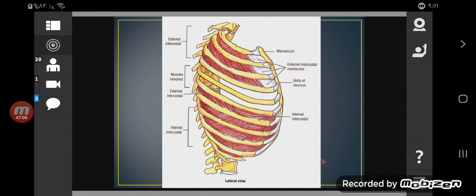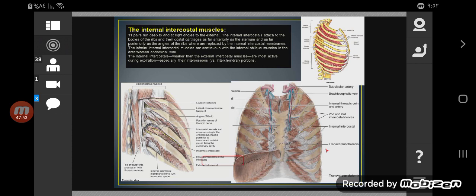External intercostal arises from the inferior border of the rib. The attachment of this muscle is outside the muscle, and you can see intercostal muscles as well.